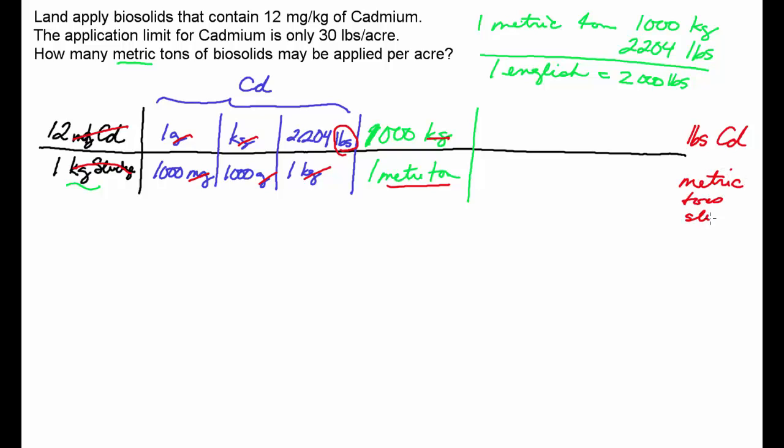So it can be really hard to keep track of this if you don't keep all the units straight or change colors like I did. So we can cancel some more things. We got 3 zeros down here on the bottom that I can cancel out with those 3 zeros up on the top. So we end up with 12 times 2.204 divided by 1,000.